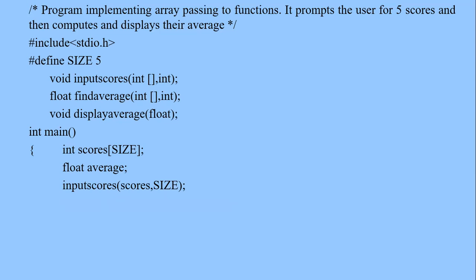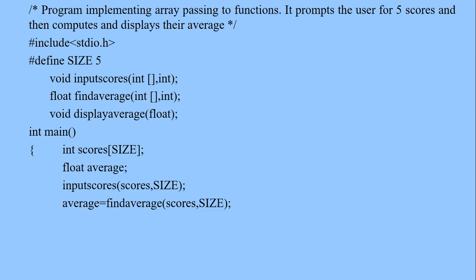Then this other one is a call statement to a function that is supposed to return a value of type float. This is a call statement to a function called find average. It is invoking the function called find average and passing to it two parameters.